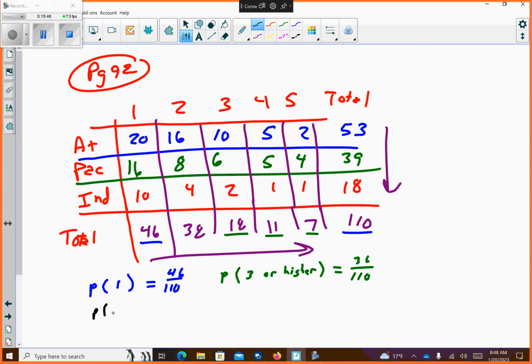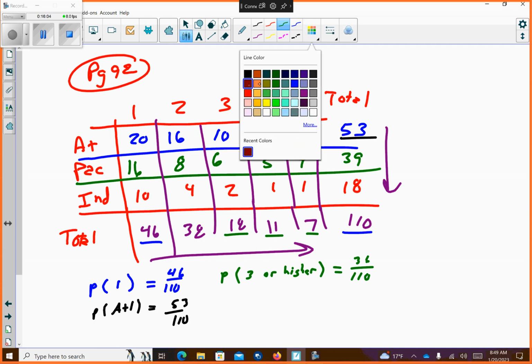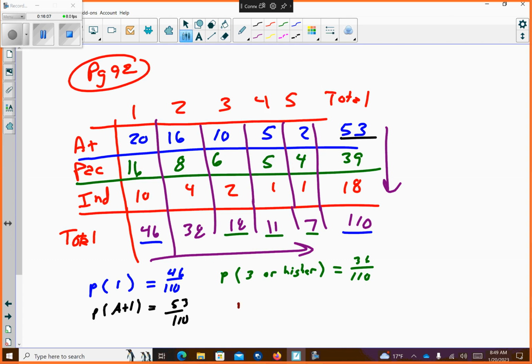Probability of an Atlantic hurricane. There happen to be 53 of them out of 110. And then if we want the probability of selecting Atlantic or Pacific, Atlantic is 53, Pacific is 39, and there's 110 total.